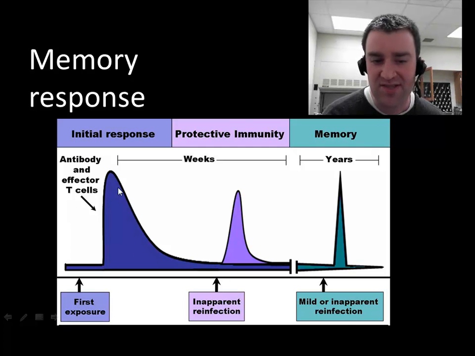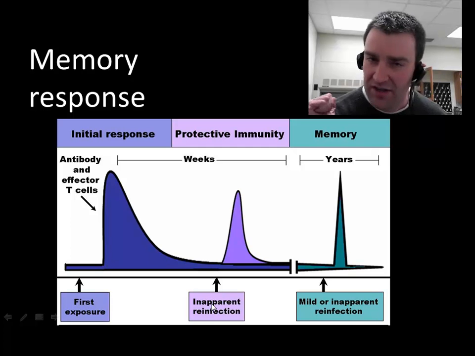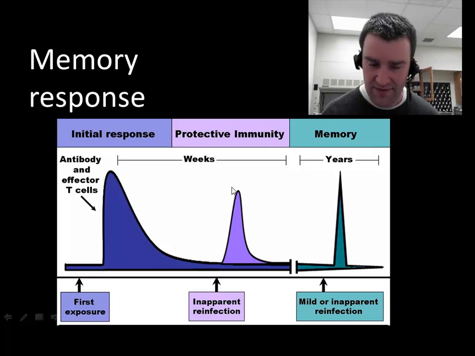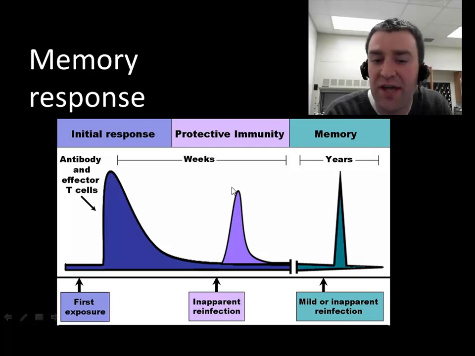If we take that same person later, you can see that the antibody and T cell count dies down after weeks. Maybe we've successfully cleared out the pathogen the first time. If we inoculate that person with that same pathogen again, you can see that if they're introduced right here, the time period between that injection and the time that the lymphocytes build up a strong response is much shorter.